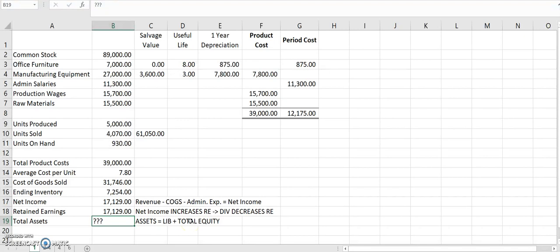So let's take the shortcut here. Maybe that was a little tricky, but let's take the shortcut and add up our liabilities, which is 0, plus our equity, which is our common stock, plus our retained earnings, and let's come to a total of $106,129.